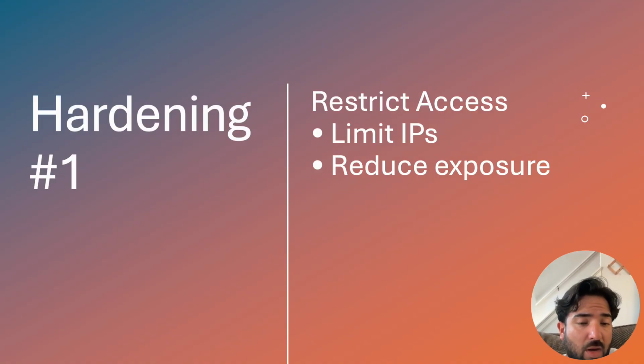The first hardening recommendation is to restrict access to port 5432. Instead of allowing connections from any IP address, access should be limited to trusted systems. This reduces the risk of unauthorized access to the system.